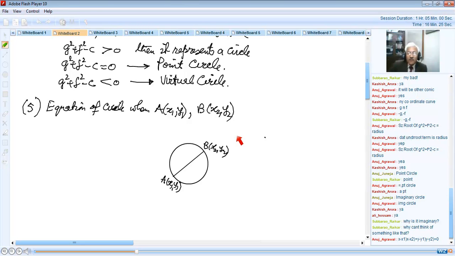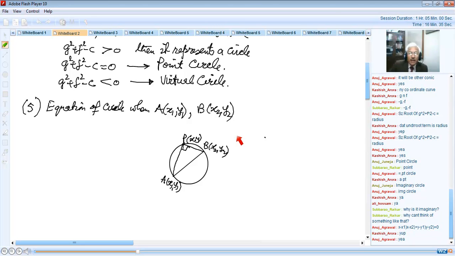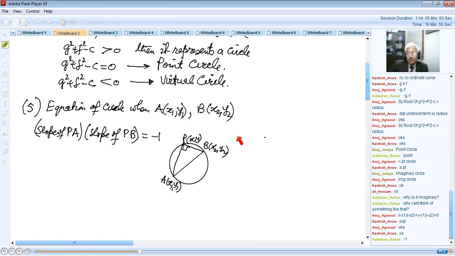If I take any point P(x, y) on the circle, join PA, join PB. You know angle in a semicircle is a right angle. Therefore the slope of PA into slope of PB, they are perpendicular lines, is equal to -1.